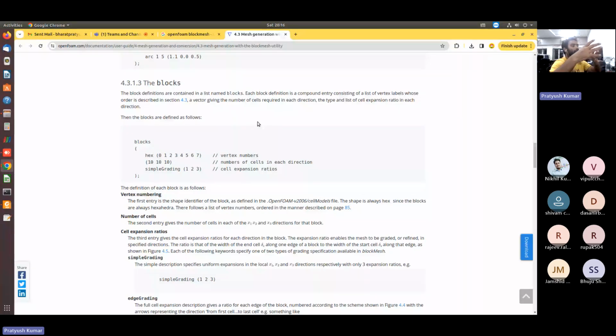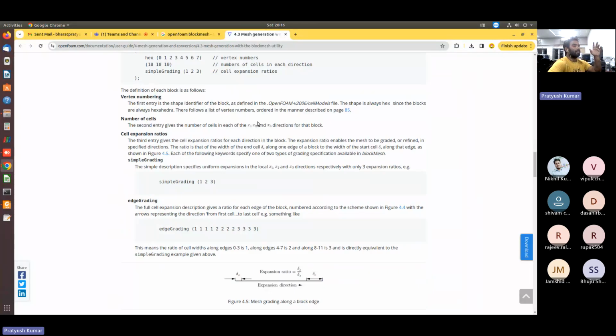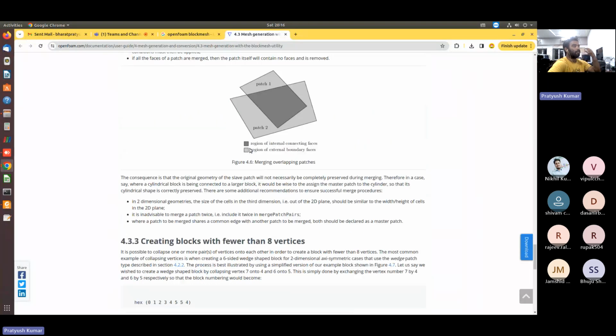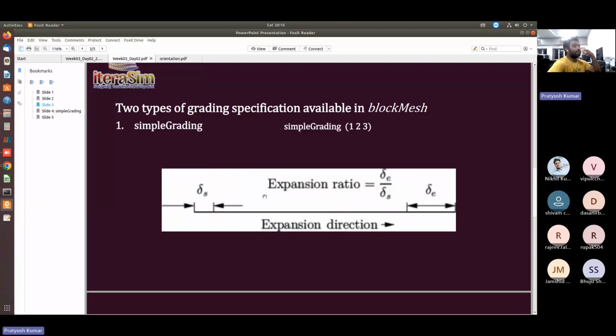Although I had to work for 4 or 5 days continuously, I was able to create a very complex geometry using blockMesh. Once you create it, it works well compared to the default mesh that you create using other commercial software. So you can master your blockMesh quality.